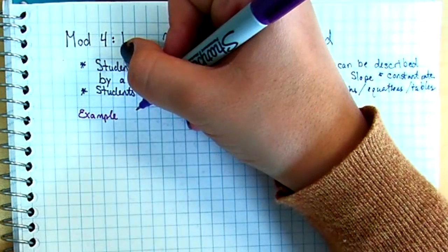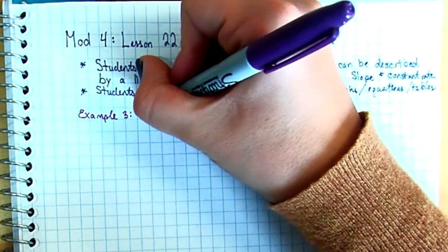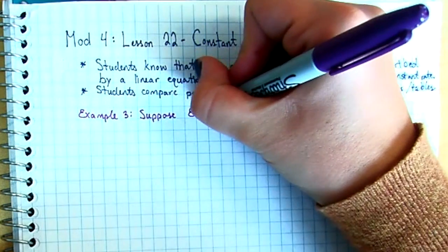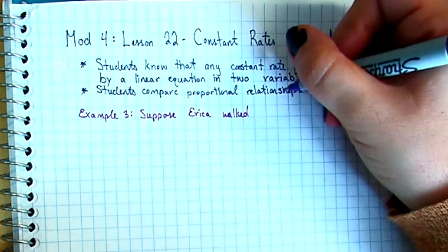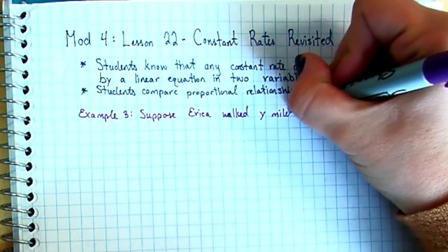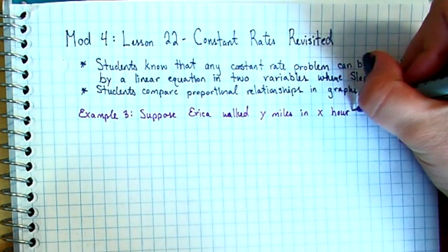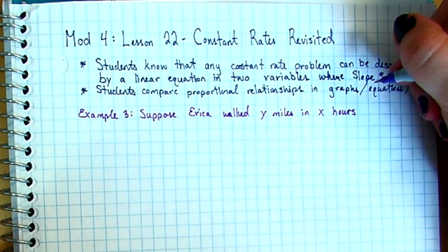So we're going to look at Example 3 from your Eureka text and work through this and see how constant rate problems lend themselves to be linear functions.